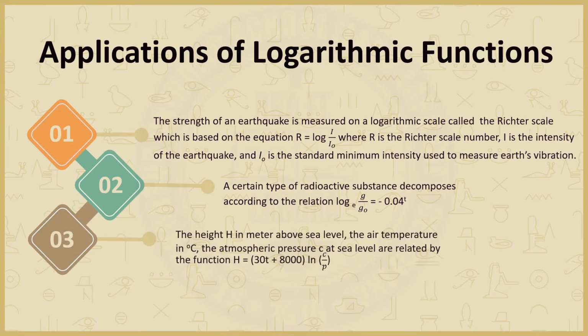And for the third one, we have the height in meters above sea level, the air temperature in degrees Celsius, and the atmospheric pressure C at sea level, related by the function h is equal to 30t plus 8,000 times the natural logarithm of c over p.